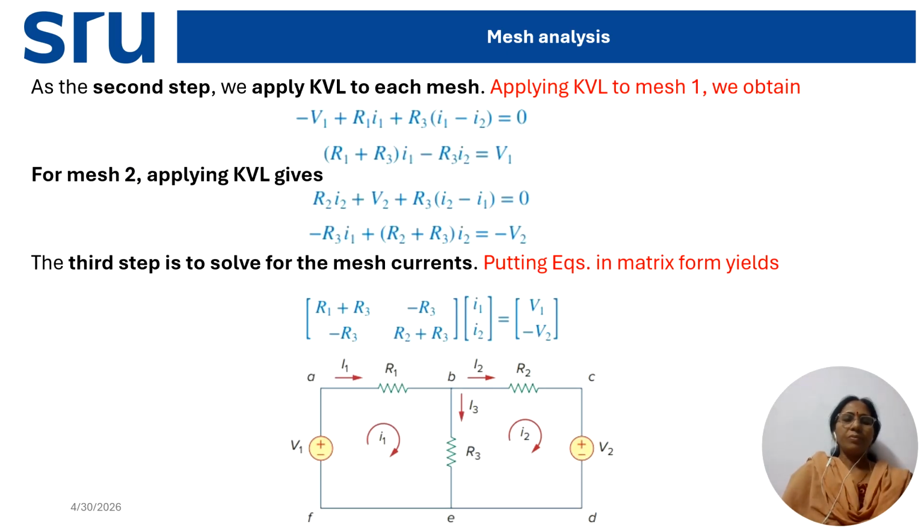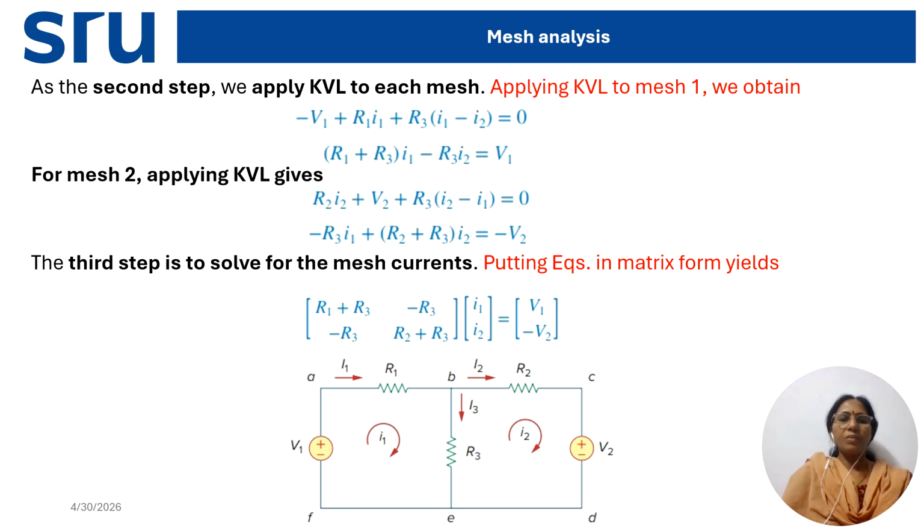So this is how we develop the loop equation in loop 1, with the algebraic sum of voltages. If I write a simplified equation, you will get V1 equals I1 into R1 plus R3, minus R3 into I2, and this is the loop 2 equation.